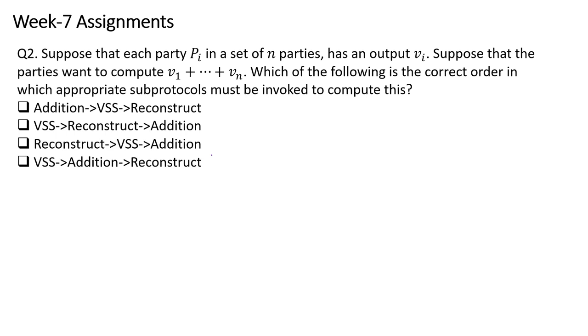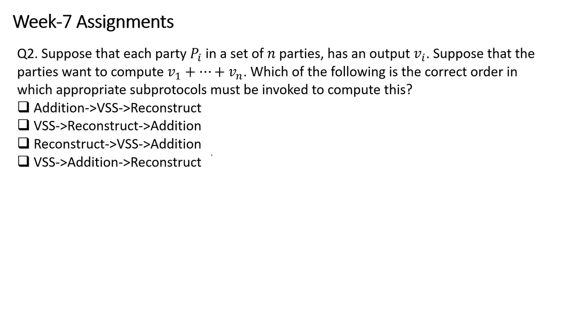Here comes the second question. It says that suppose each party Pi in a set of n parties has an input Vi. Suppose that the parties want to compute V1 plus V2 plus V3 till Vn. Which of the following is the correct order in which appropriate subprotocols must be invoked to compute this?